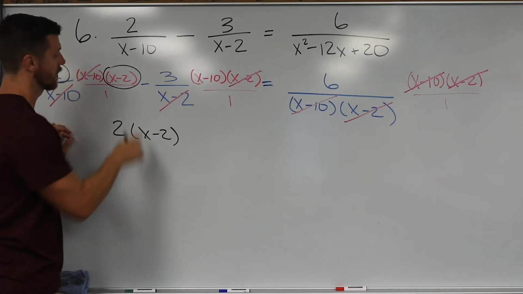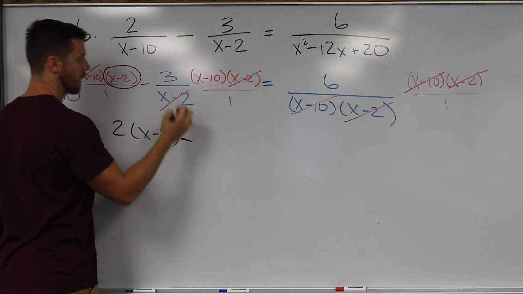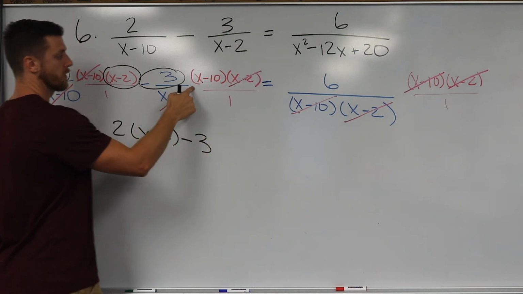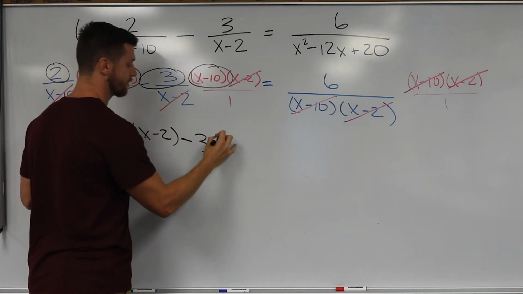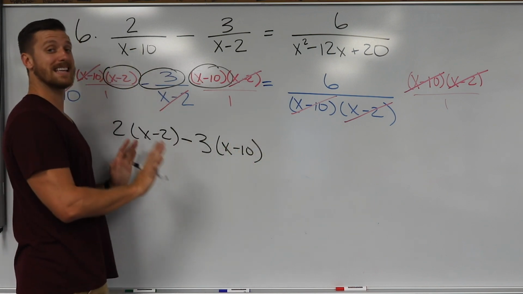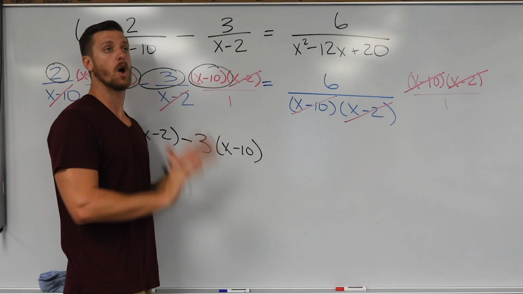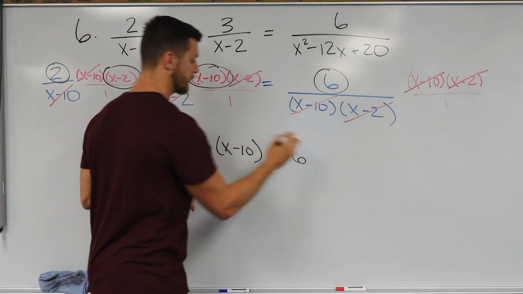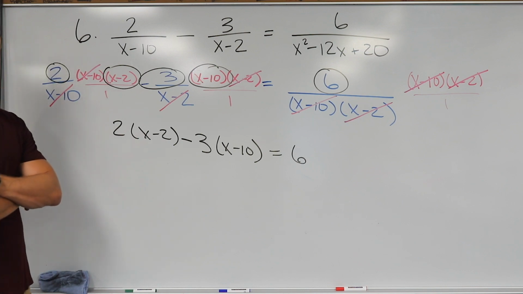Use parentheses. Minus 3 times the only thing that's left over, (x minus 10). That's it on this side of the equation. What I'm left with on the right side is just the 6. Just that lonely 6.